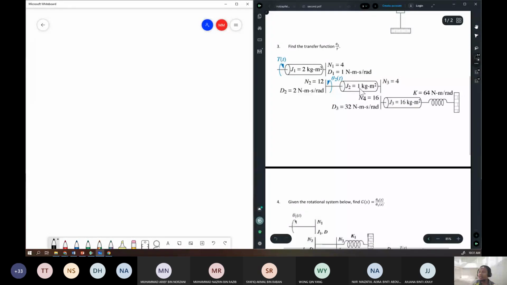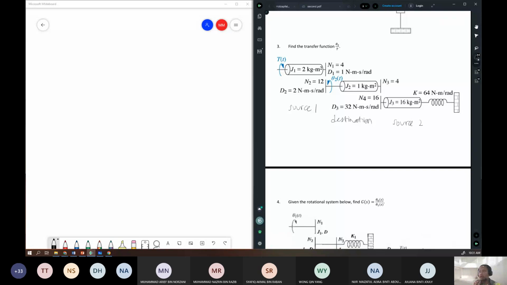So in this example, we choose the middle shaft as the destination, shaft J1 as the source number 1, and then shaft number 3 as the source number 2.